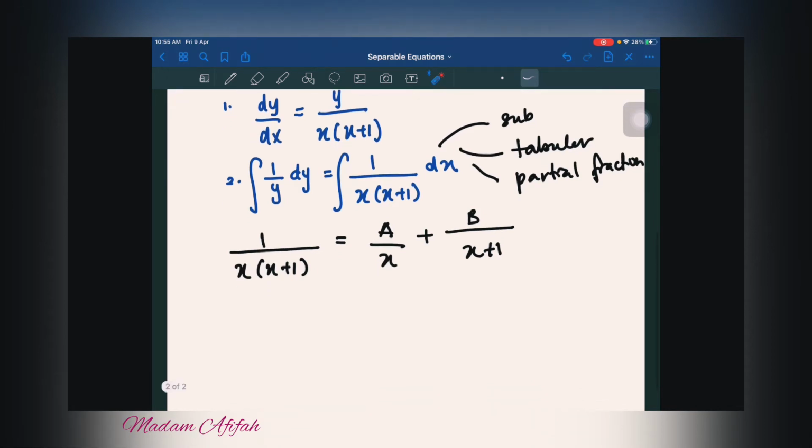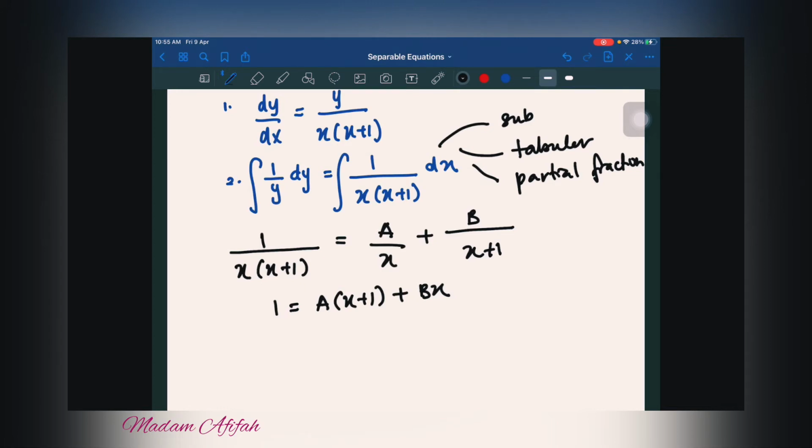To find the values of a and b, you will have 1 equals a(x plus 1) plus bx. You have two ways of finding a and b: either you let x take specific values, or you form two equations and solve simultaneously.